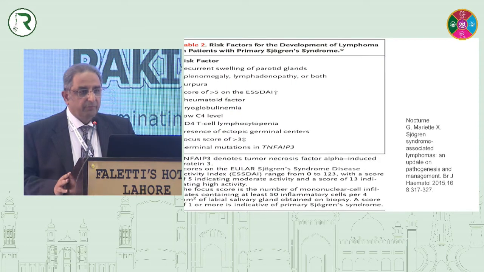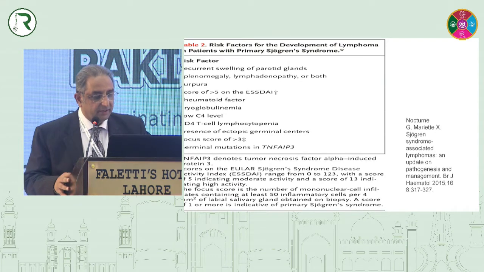Now, the important first key message is who is at risk of developing lymphoma and requires surveillance in primary Sjogren's. Those cases who come with recurrent swelling of parotid glands, or on clinical examination have splenomegaly, lymphadenopathy, purpura, an ESSDAI disease activity score of 5 or more, which I will explain in coming slides, presence of rheumatoid factor, cryoglobulinemia, again a high risk group, persistently low C4 complement levels, and lower CD4 lymphocytes.